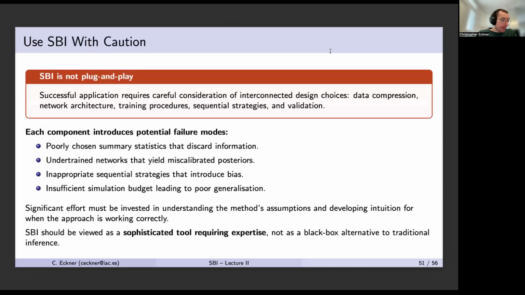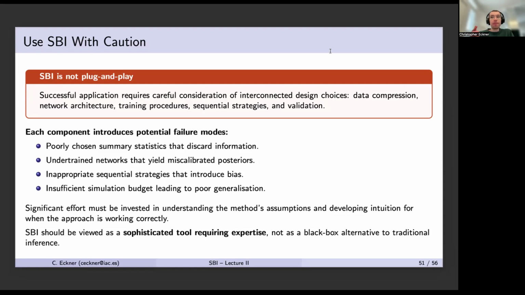Right. And the most important caveat here is that simulation-based inference is by no means plug and play. When you want to use this in your daily research, it will not work out of the box. It requires a lot of careful consideration and design choices that are meant to work with your particular area of expertise, the particular problem you have in mind.